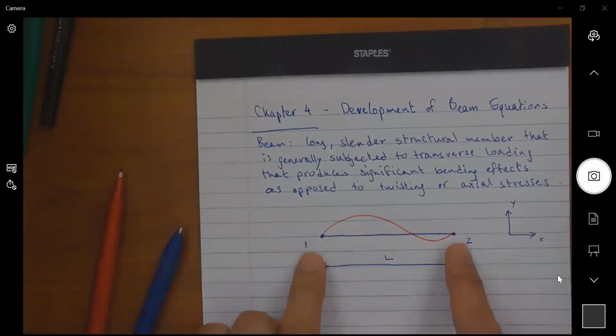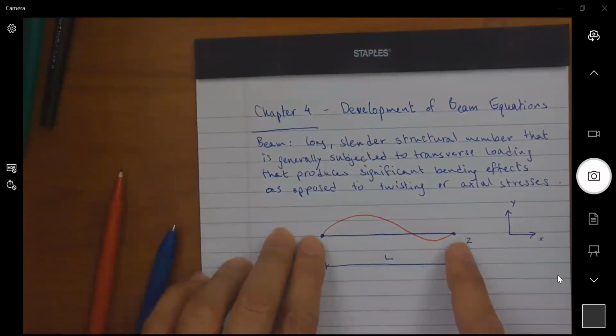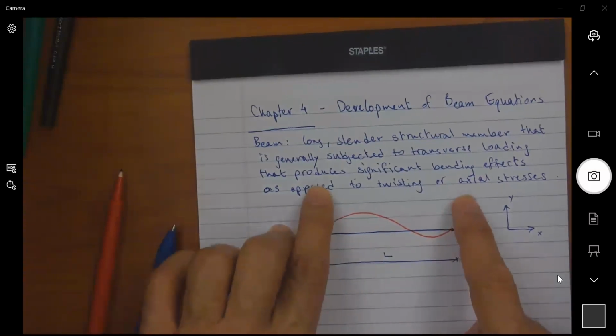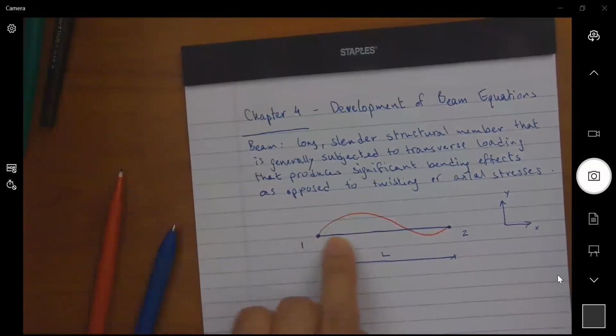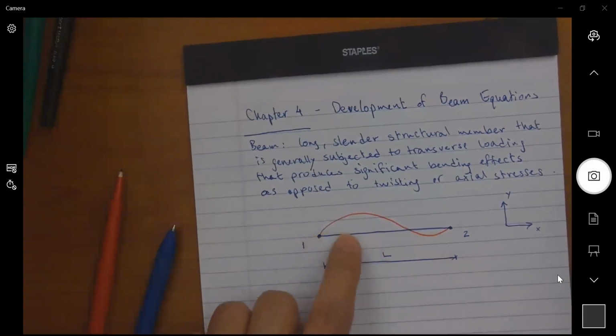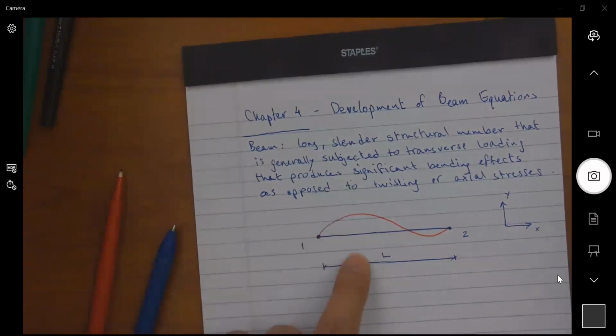As a matter of fact, of course, what I'm showing here, it's as if it is restrained from translation in the y direction, correct? But along the length of the beam, you see that there is translation in the y direction, correct?